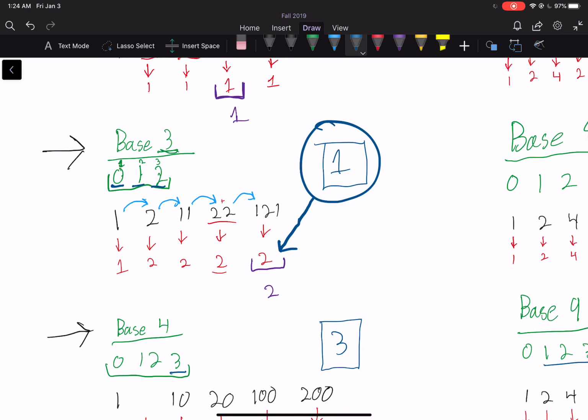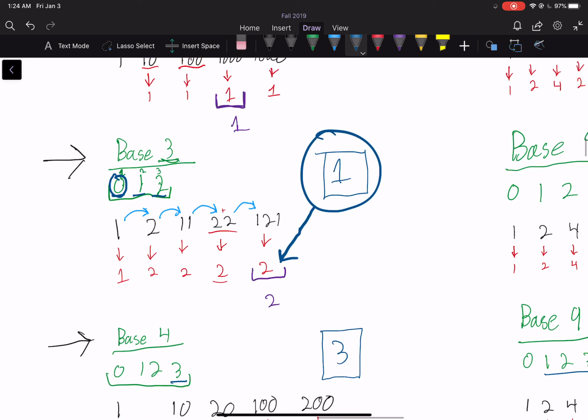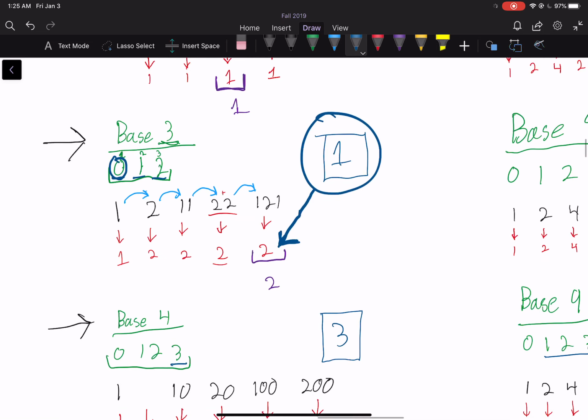Okay, so just remember that. We ignore 0. I'll get to why we ignore 0 later also. But for right now, just these numbers that are in these boxes, just remember that they are not involved in the digit sum right here. This repeating sequence.